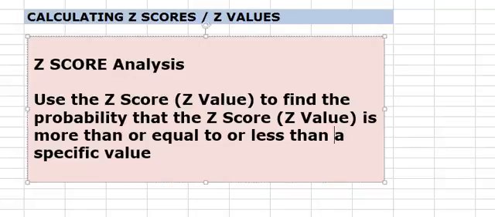And you can use the z-score or the z-value to find the probability that the z-score or z-value is more than or equal to or less than a specific value. Now in Excel we have a specific formula that allows us to bypass that. Normally you calculate the z-score and then use a table to find the probability, but with an Excel formula we don't have to do that. But that's another way you can use the z-score.